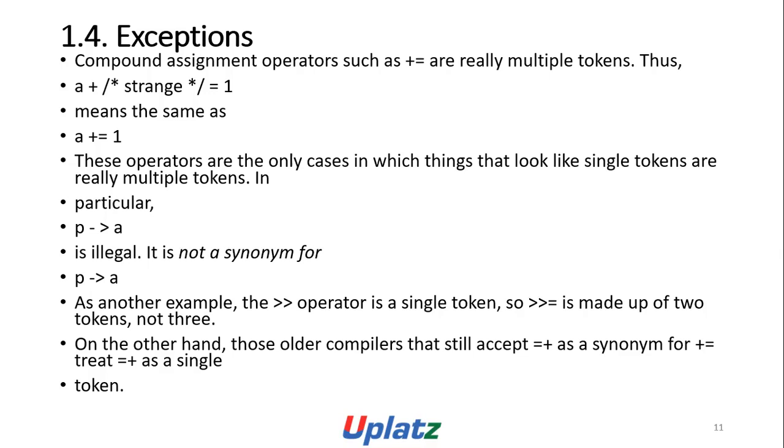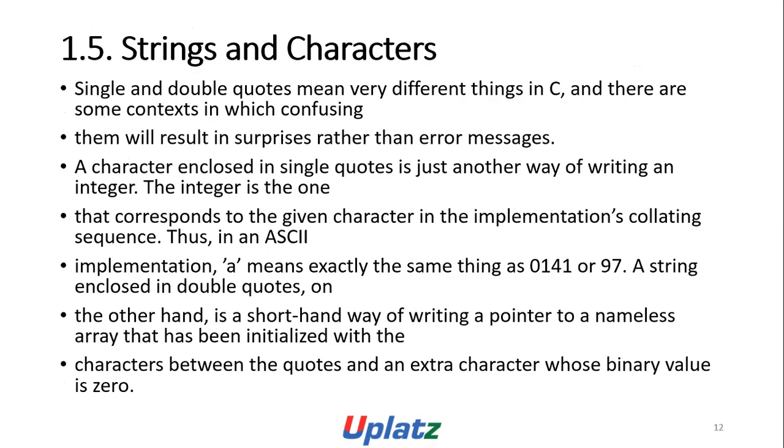Strings and characters. Single and double quotes mean very different things in C. There are some contexts in which confusing them will result in surprises rather than error messages. A character enclosed in single quotes is just another way of writing an integer. The integer is the one that corresponds to the given character in the implementation's collating sequence.